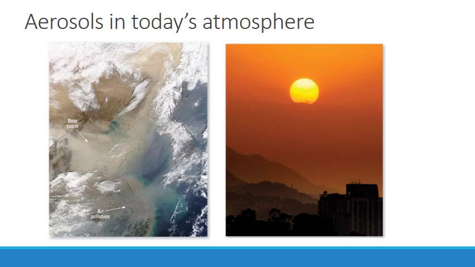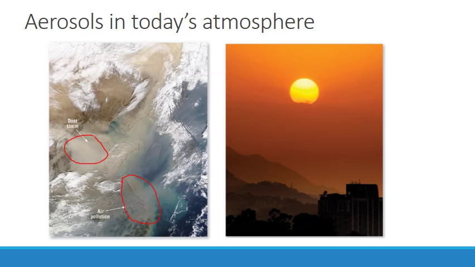So that's this mass of dust. Okay, so that's a natural event. That's meteorology in action. But the second thing you'll see is a dense haze in this area that comes from an urban part of China. That's human-generated air pollution.